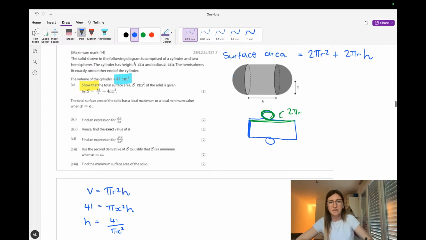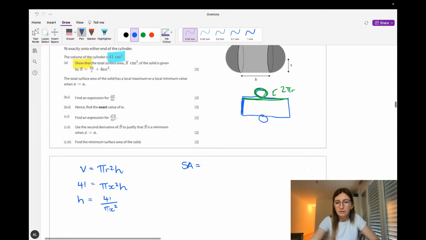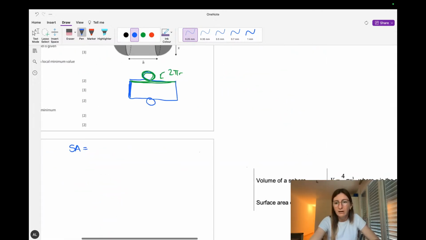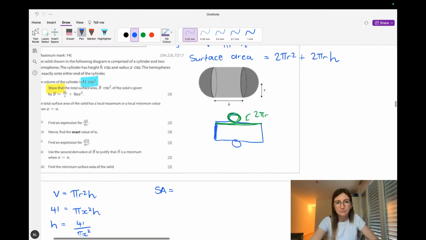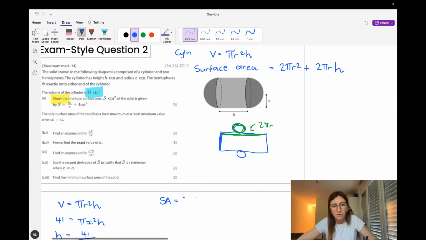If I want the surface area of this shape, I'm going to need the surface of one full sphere, because we have half and half. So let's write that as SA for surface area. Of one full sphere, that was 4 pi r squared. And then we want the surface area of this rectangular part.